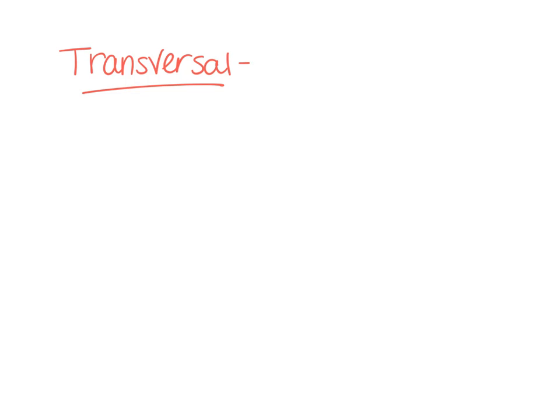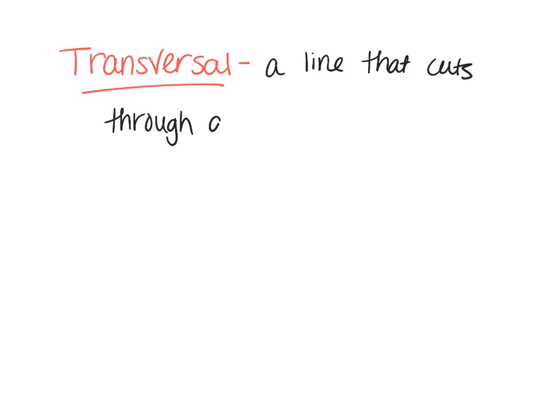A transversal is basically just a line that cuts through a set of parallel lines. So I'm going to draw a diagram on here, and I'm going to show you exactly what a transversal would be.